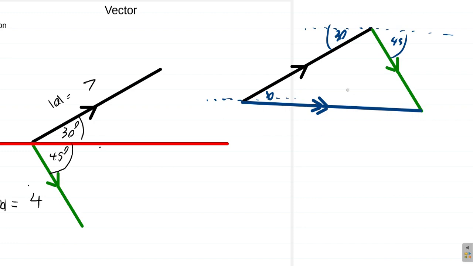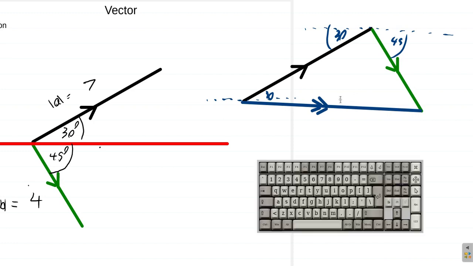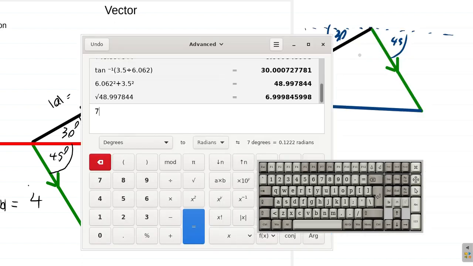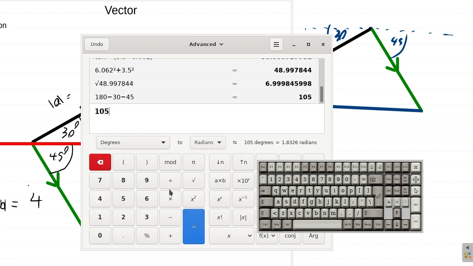Now remember, we just see what would happen if we use the triangle law and add them, right? You must remember these kinds of calculations with trigonometry. 180, you take off 30 from it, and you take off 45 from it. You would get 105.